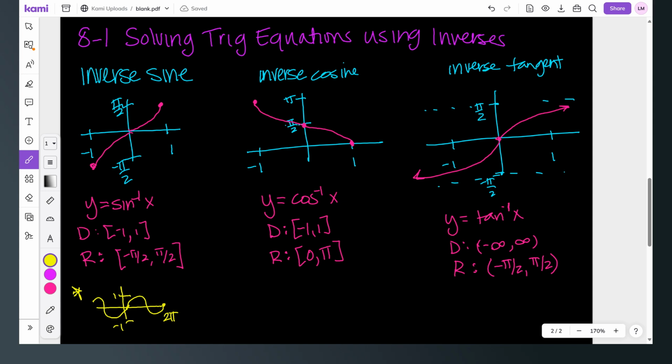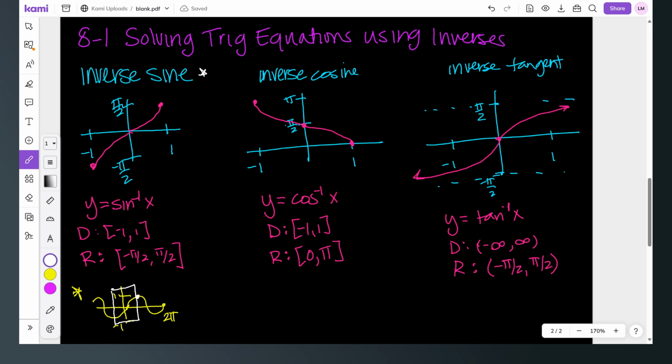So we restrict the sine graph between pi over 2 and negative pi over 2. So we're going to draw a box here. This is all you're going to be able to see of the inverse function. Then we're going to switch places with x and y. So you can see on my blue graph up here that I've switched places with x and y.